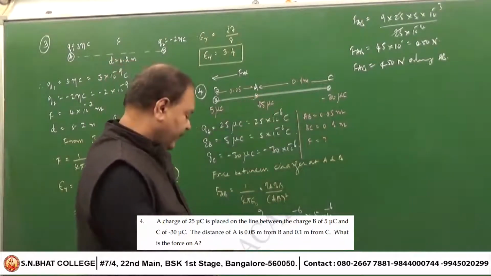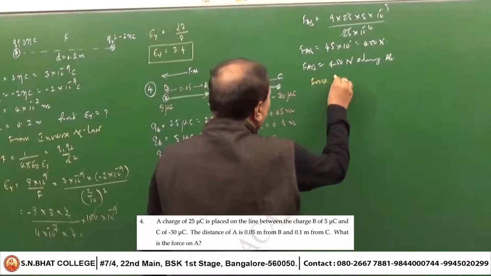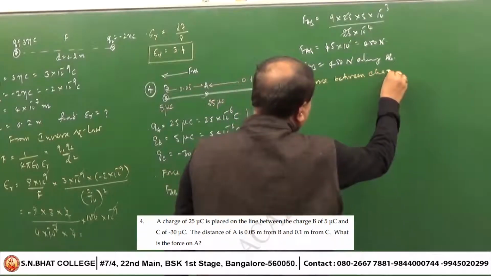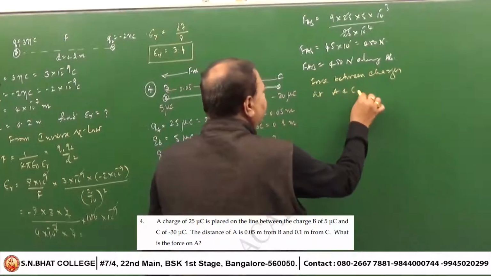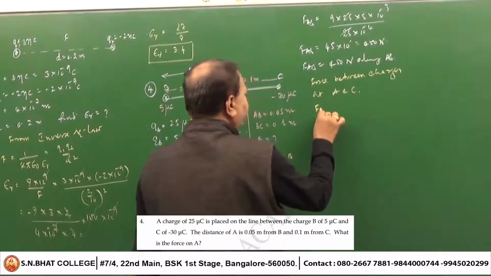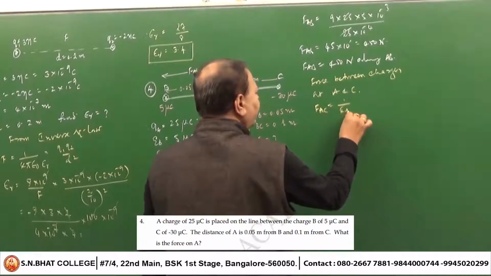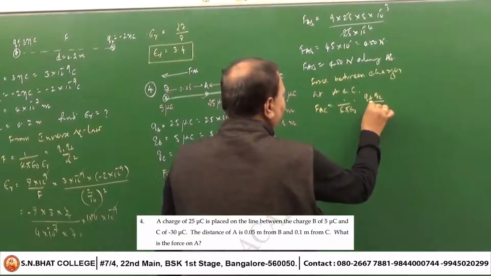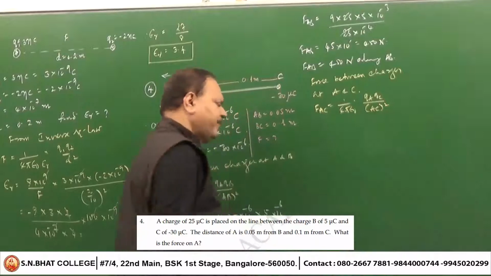Now you calculate the force between the charges at A and C. That is FAC. FAC is given by 1 by 4 pi epsilon naught QA QC by AC whole square.